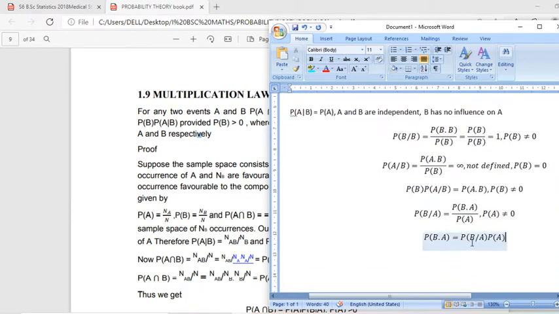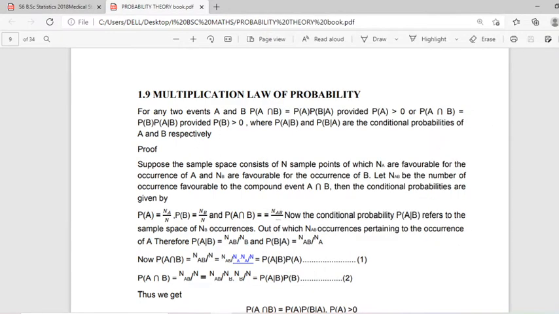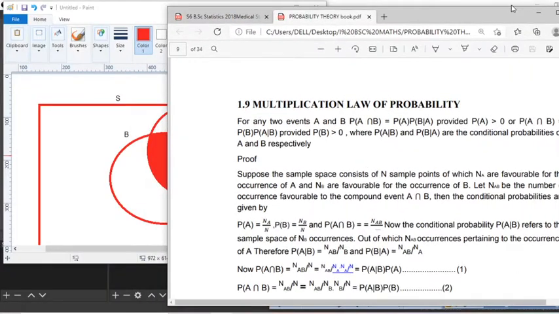So these two equations, that means this one and this one, are usually called the multiplication law for probabilities if you consider two events.